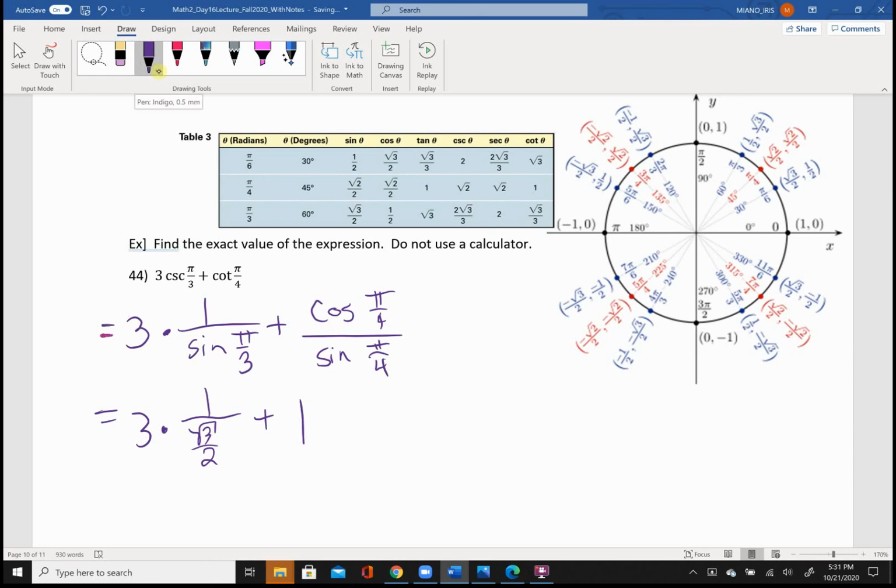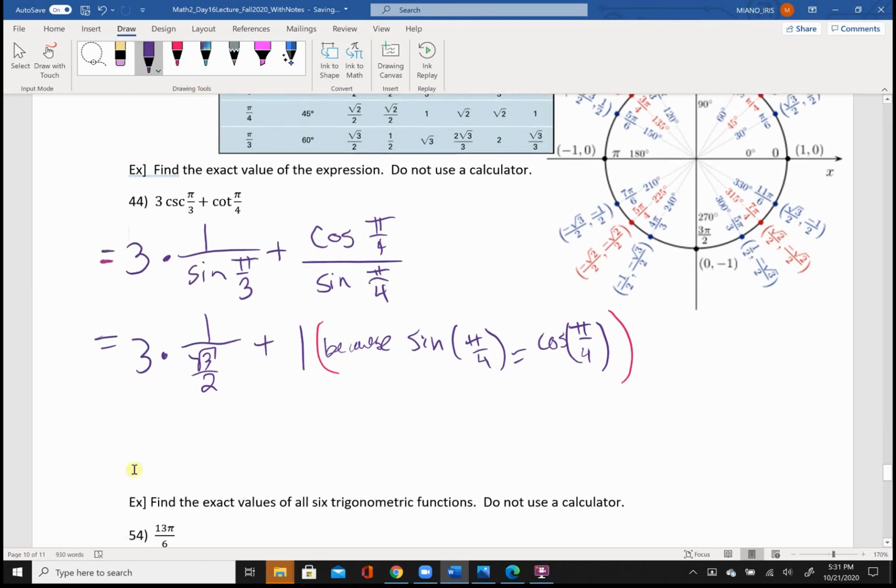And I'll say because sine of pi over 4 equals cosine pi over 4. Okay, great. So a little bit of a parenthetical note there. Great. Now let's do a little bit of algebra on this.